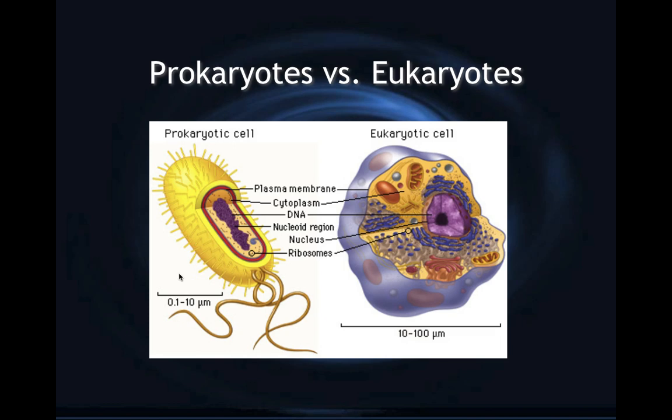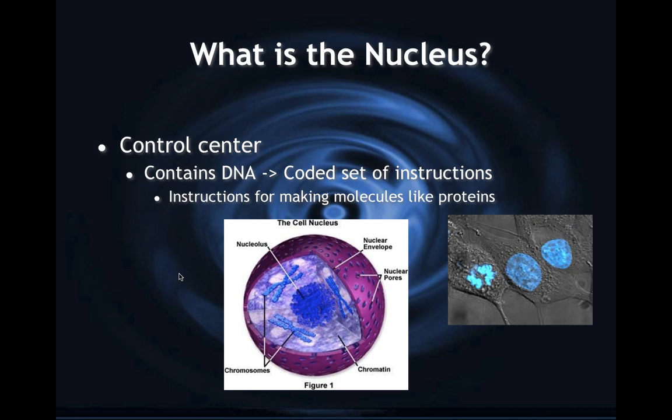Okay. Then we looked at some different organelles. Right? Organelle means a little organ. We looked at the nucleus, which contains the DNA, and it's kind of the control center of the cell. It has a set of instructions on how to build proteins.